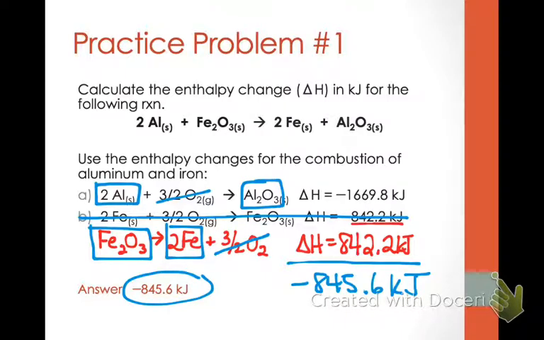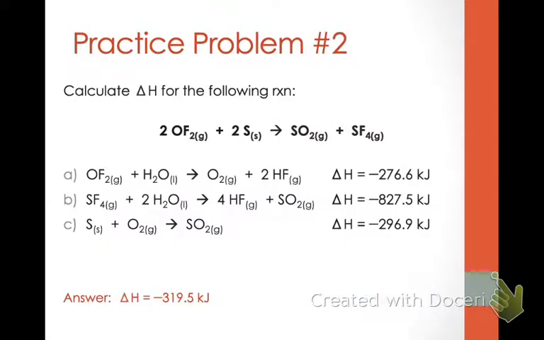So now we're going to look at practice problem 2 on the next slide. Now practice problem 2, don't panic. Again, there's 3 reactions that you have to look at, but if you take it step by step and look at what you have to get to for your overall reaction, it should all work out. So let's look at equation A. Equation A has OF2, but if you look at the overall reaction, I need to have 2 OF2.